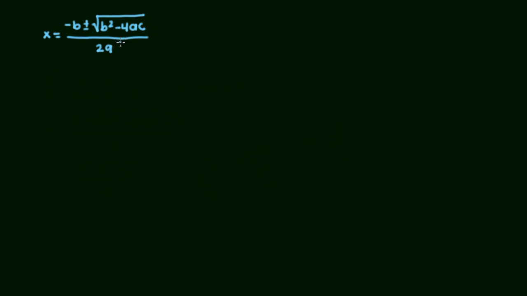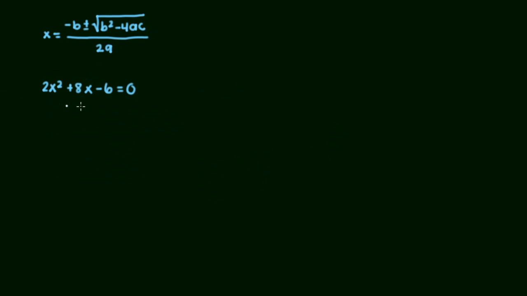Therefore, you must make sure that your original equation is in the standard form before applying the quadratic formula. So suppose you were given the equation 2x squared plus 8x minus 6 is equal to 0.